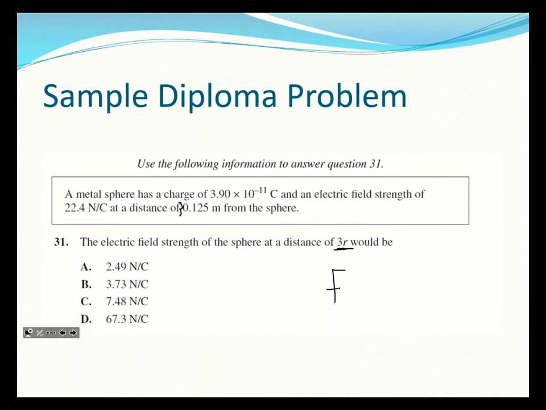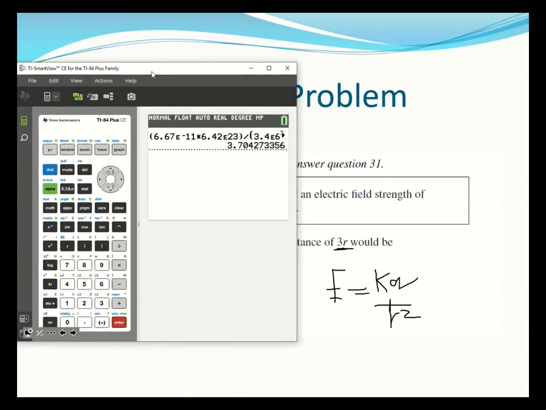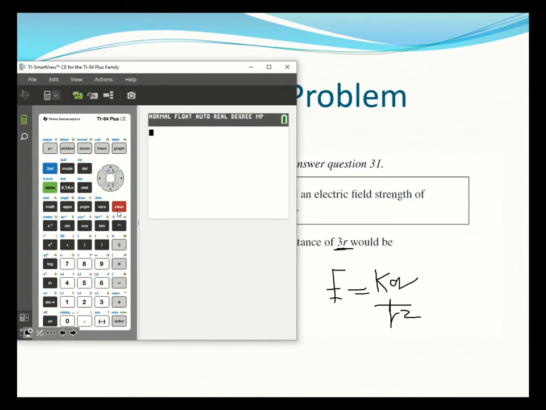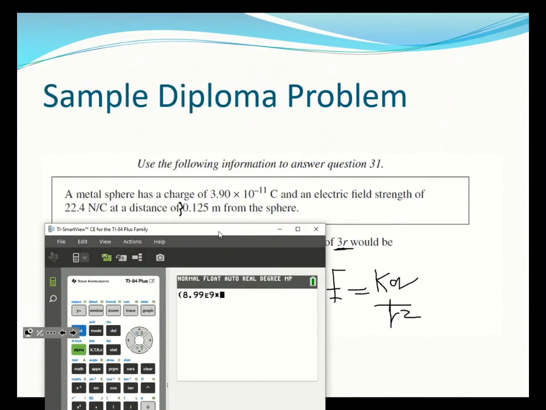We can use E equals KQ all over R squared. So our K is 8.99 times 10 to the 9. And then our charge is 3.9 times 10 to the negative 11.